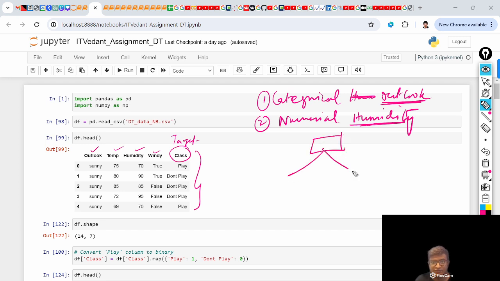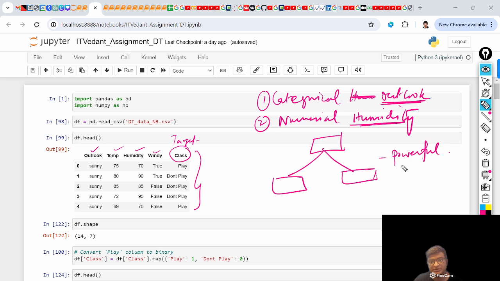As we know, decision tree is a very powerful algorithm, and it especially helps us with classification. It is very powerful.